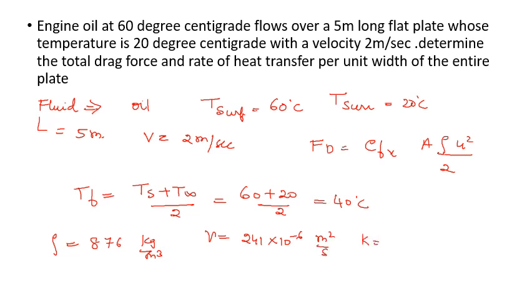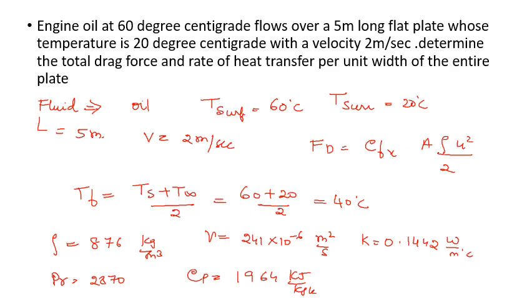K value is 0.1442 watt per meter degree centigrade. Prandtl number is 2870. Cp value is taken as 1964 kilojoule per kg Kelvin.